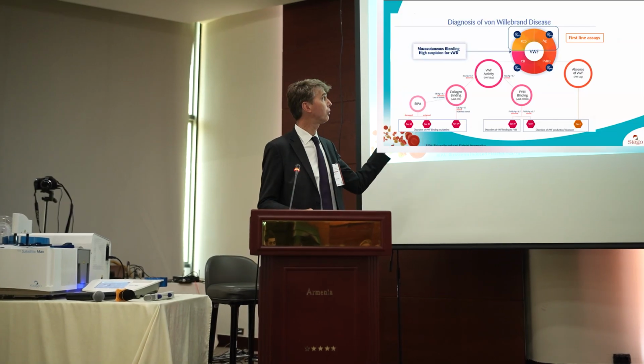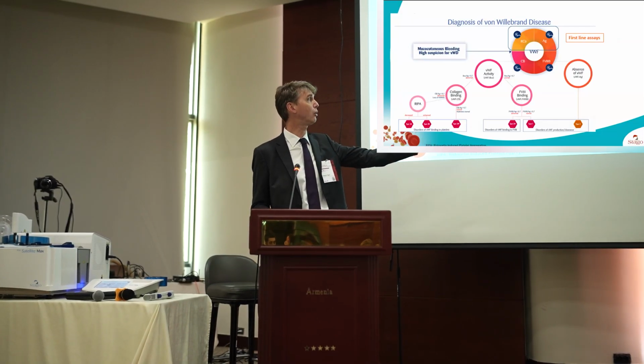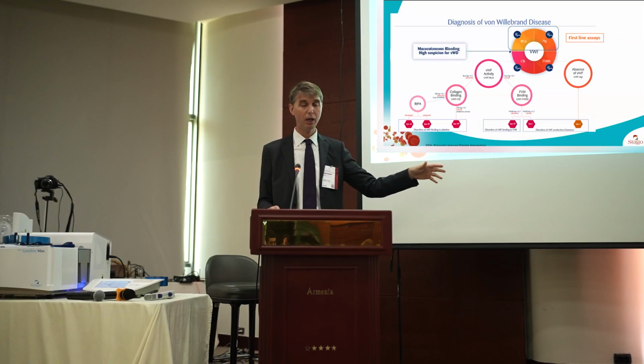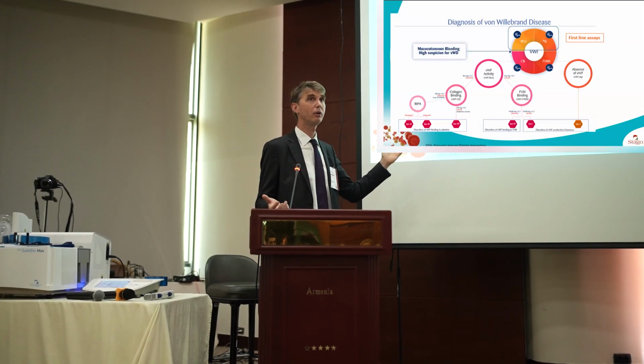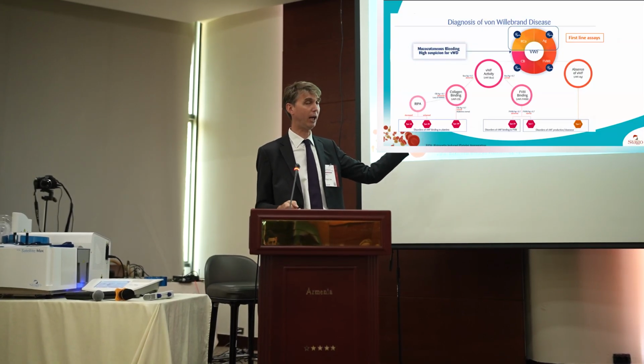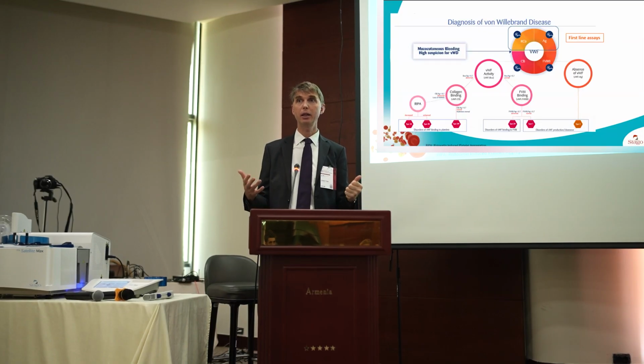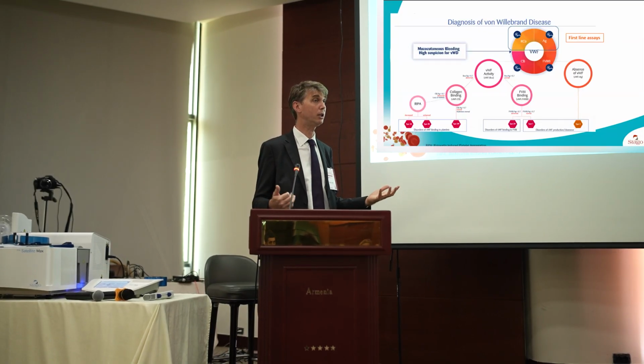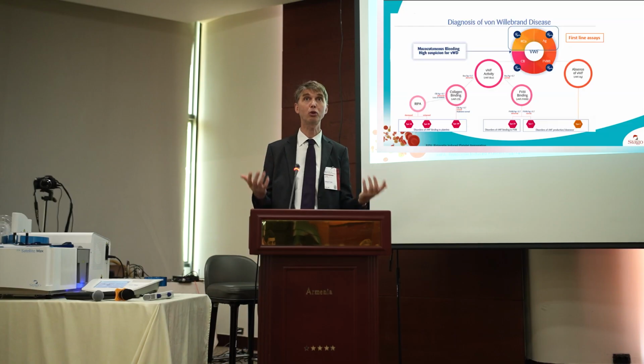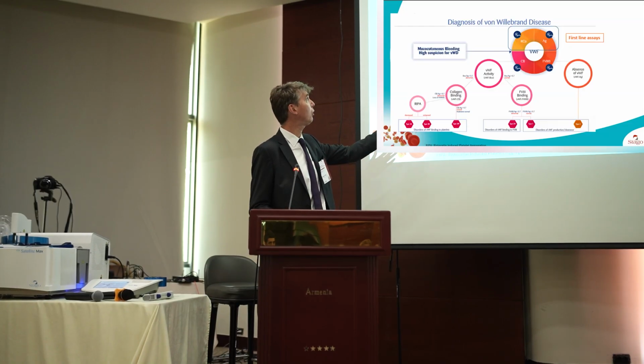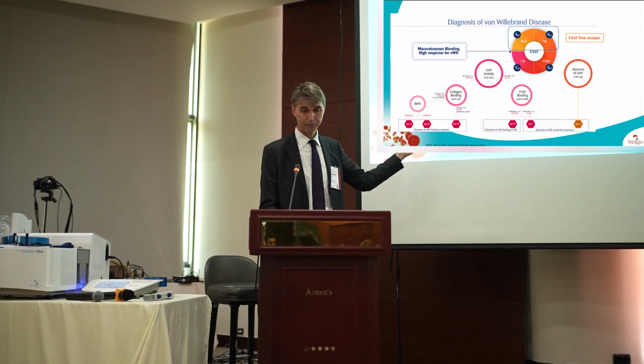So if you don't have it at all, then you can go directly for type 3. If you have it, but not enough, then you will go for type 1. And if you have a normal quantity, but not a good activity, it will go for type 2.